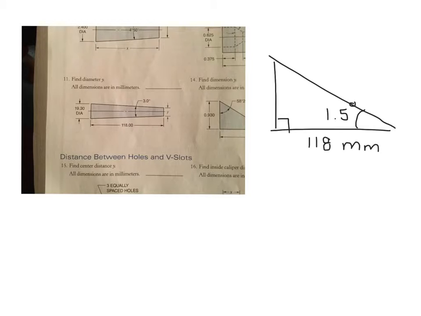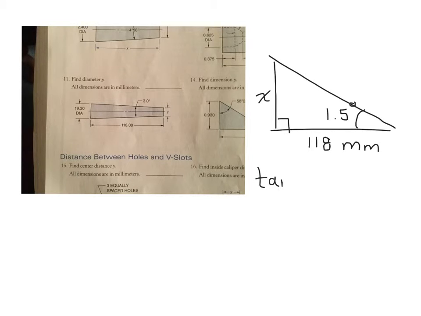So what I have to do is first figure out this value here, x. And then we'll talk about how we can use that value to determine the value of y. So x is opposite our 1.5 degree angle, and 118 millimeters is adjacent. So we'll have to use our tangent.